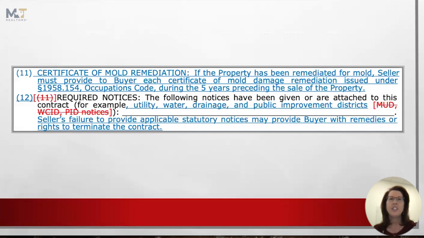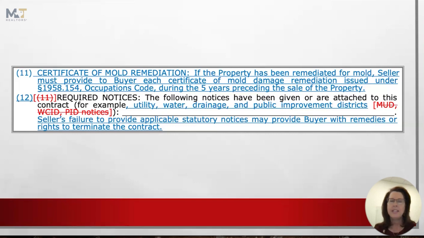And here's what that's going to look like. 11, there's that certificate of mold. So we have to ask our sellers if they've had any mold remediation. New paragraph, okay? And then 12, there's those required notices, and it's giving those examples: utility, water, drainage, public improvement districts. They've taken out the abbreviations MUD, which we all call MUD, or the WCID or PID.